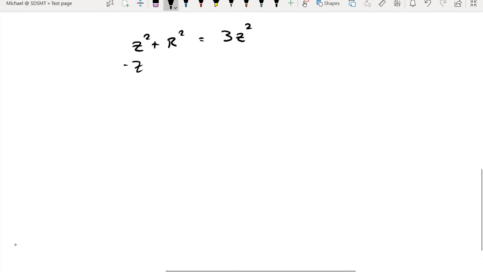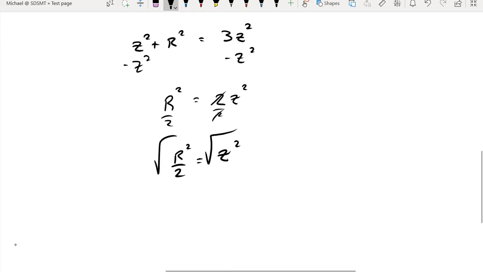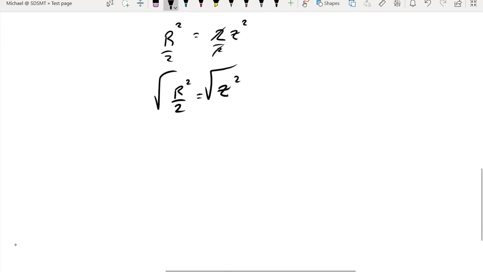We'll subtract a z squared from each side. So r squared equals 2z squared. We'll divide each side by 2. And then take a root for each.